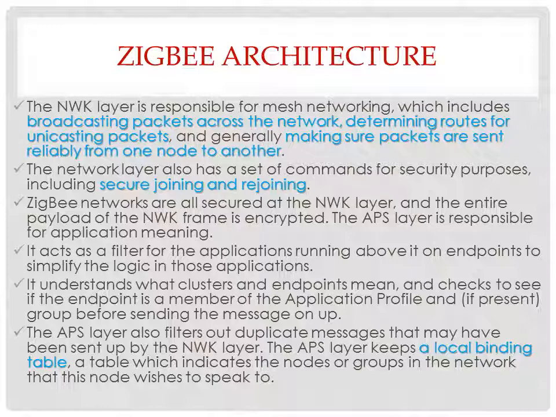The APS layer also filters out duplicate messages that have been sent up by the NWK layer. The APS layer keeps a local binding table, a table which indicates the nodes or groups in the network that this node wishes to speak to.